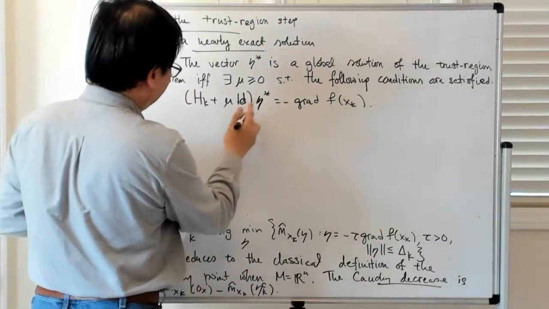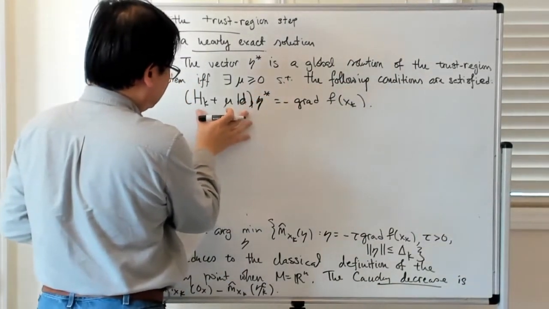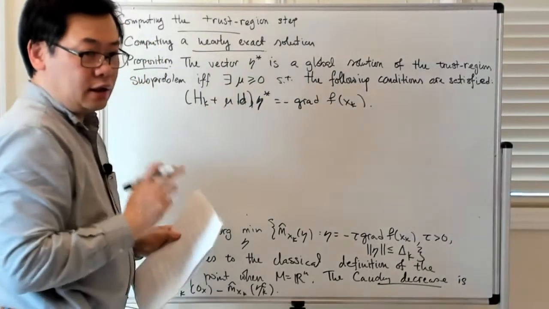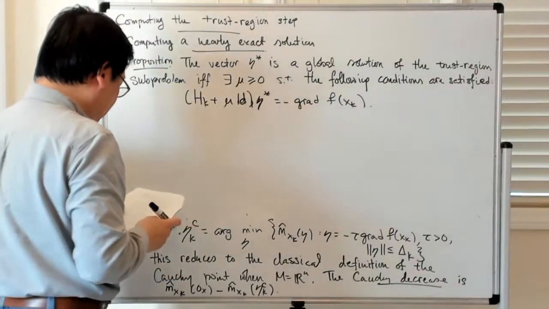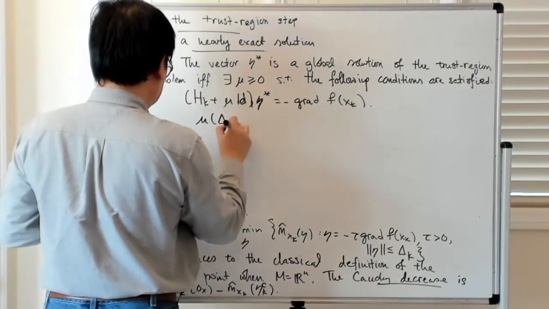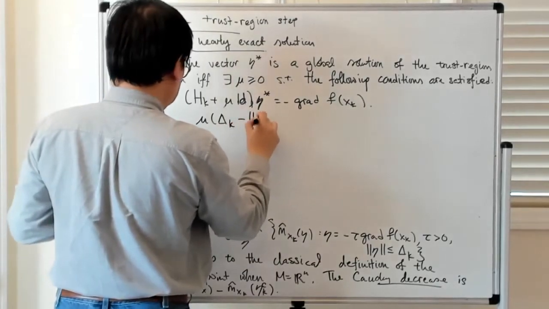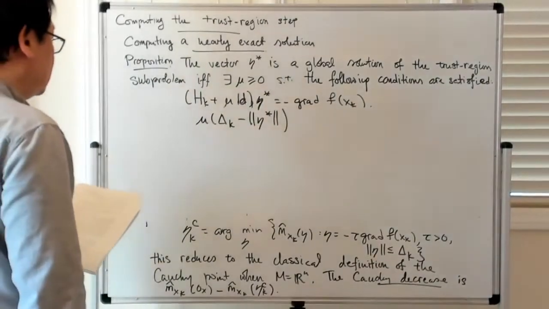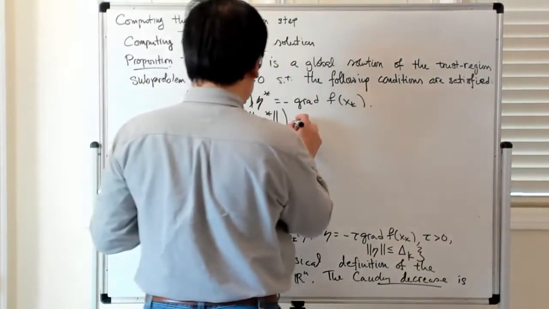The second one is that mu times delta k minus the norm of eta star is equal to 0.